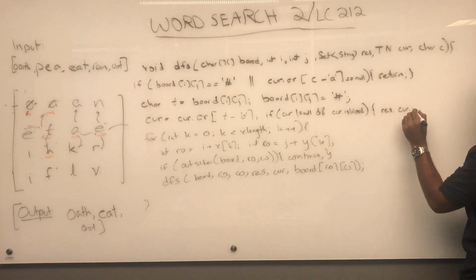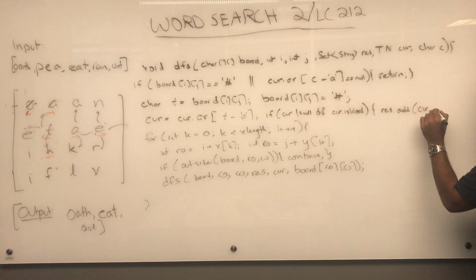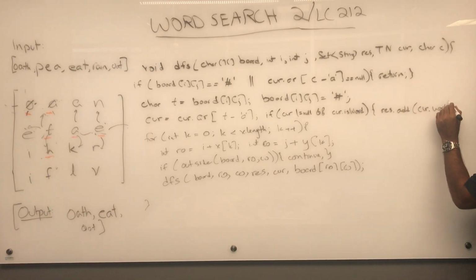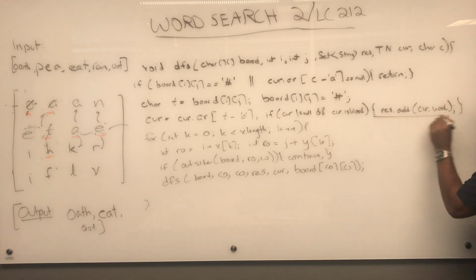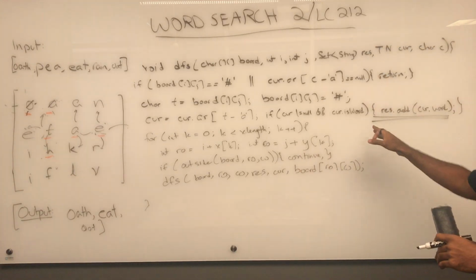Result dot add cur dot word, and that's where we're actually adding our words to the resulting set.